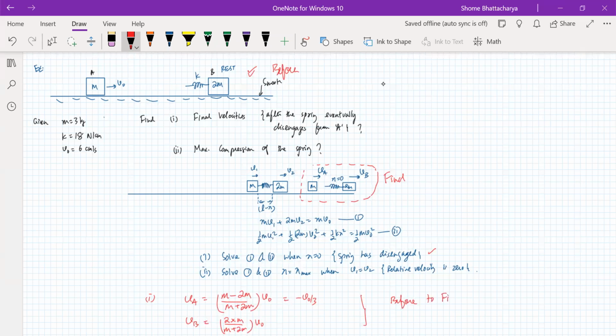So before to final, this is a perfectly elastic collision, in slow motion. And that is why it is perfectly elastic, because the spring provides the elasticity. It is able to temporarily store some energy as potential energy instead of dissipating it as something else like heat and sound and all that, and then release it as kinetic energy.